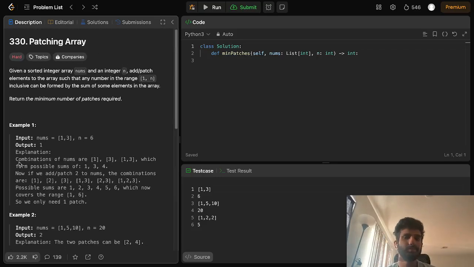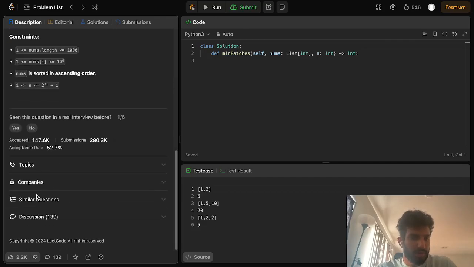I think it's the pattern that I've been noticing in the problems the last few days. Having a count of all the numbers in the array would be one sort of thing. Let me think for a second.